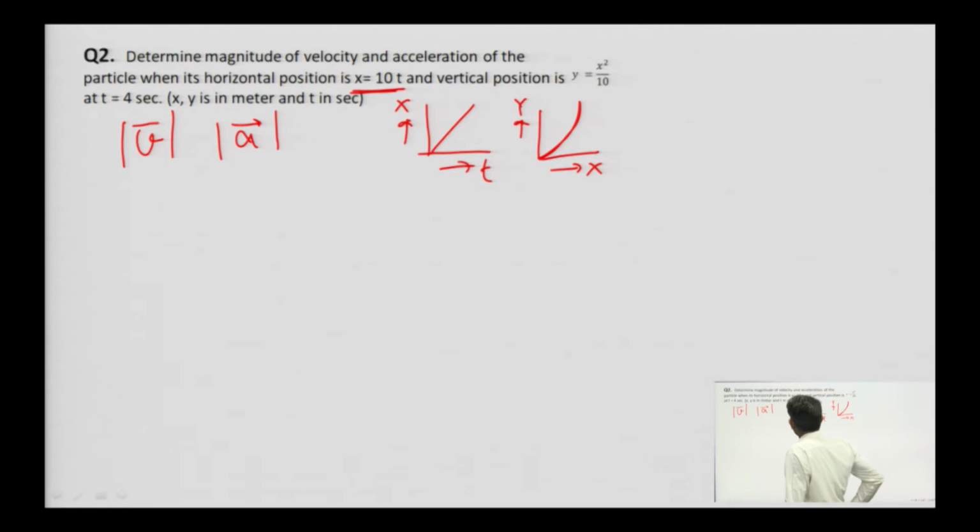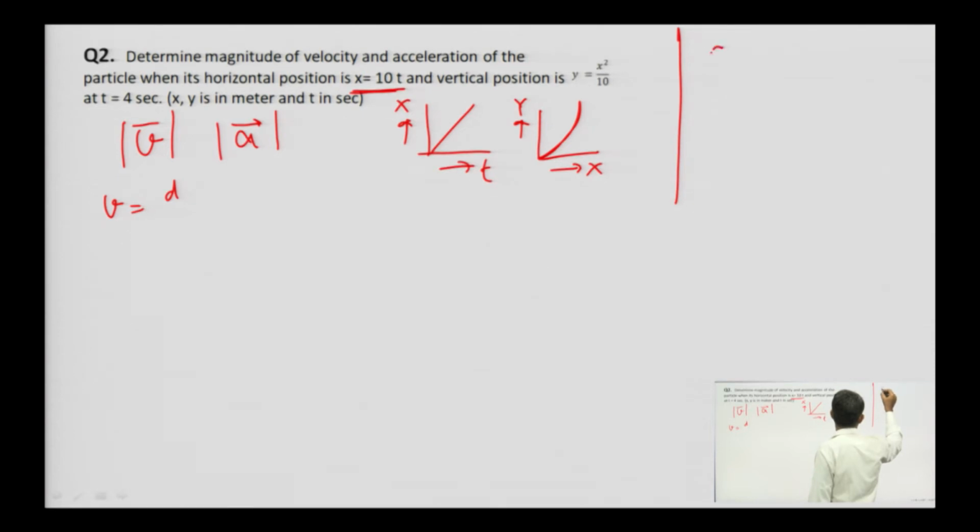So, how can we proceed? We know that in linear motion, v is equal to ds by dt, okay, that we know.